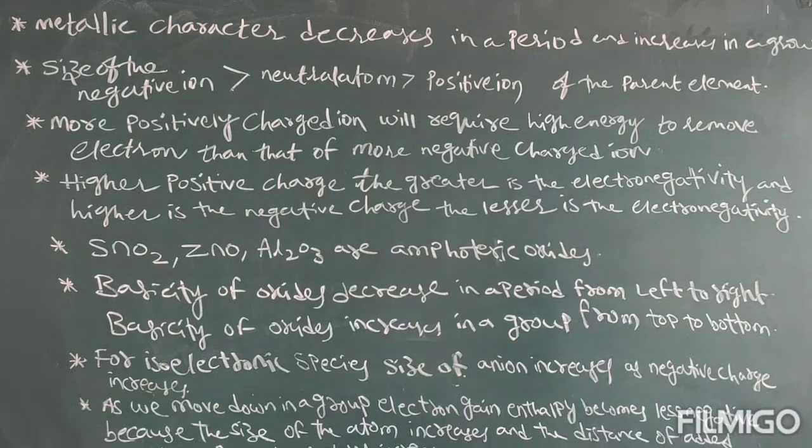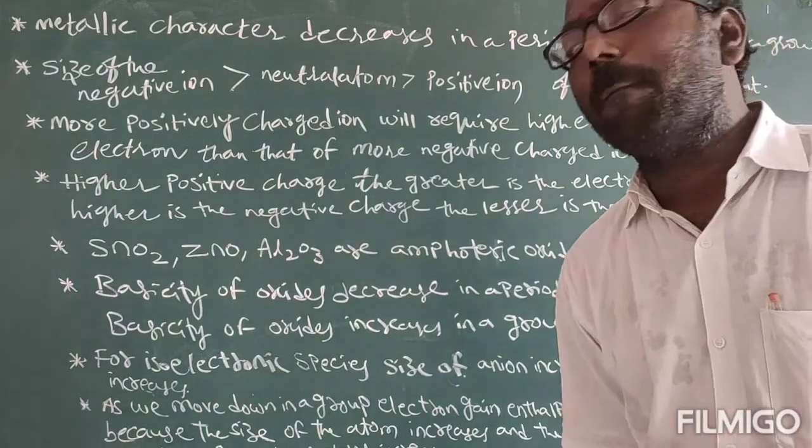Generally, metallic oxides will form bases, and non-metallic oxides will form acids. That is the major case.